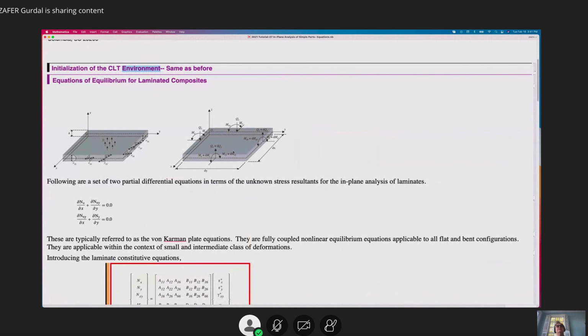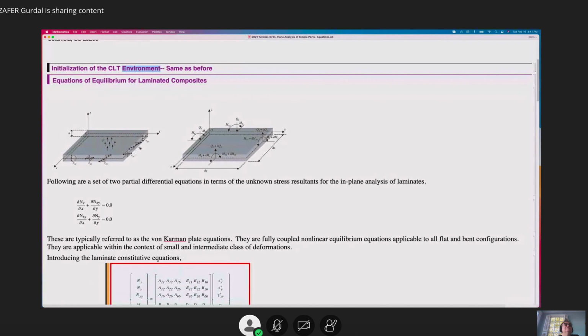The figures in here are a bit misleading in terms of the exact notation, but they will give you an idea that the stress distribution within the laminate is not continuous like this. It's actually piecewise linear, jumping from one layer to another.